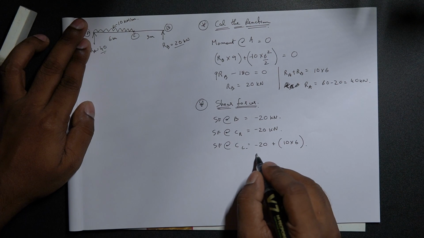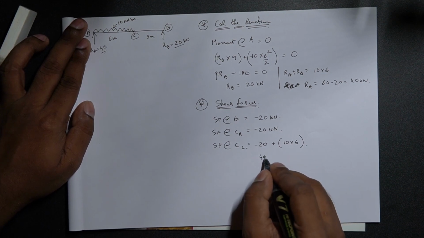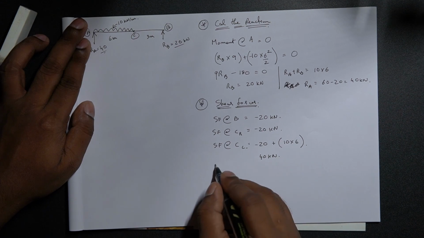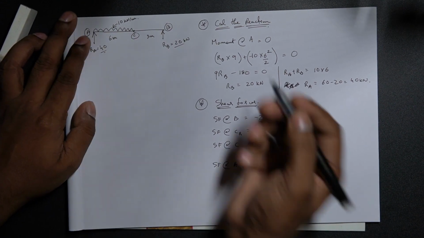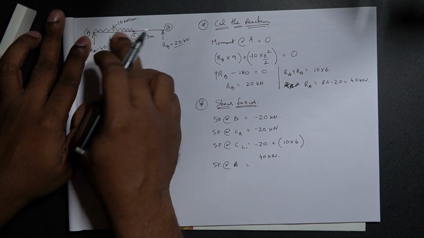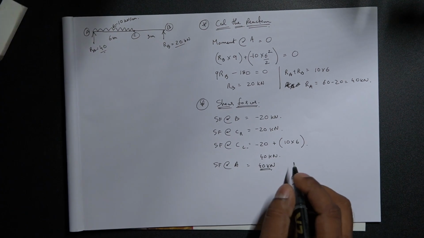So this would be minus 20 plus 60, that would be 40. And lastly, shear force at point A, it's the same thing as left of C, so it is 40 kilonewtons.